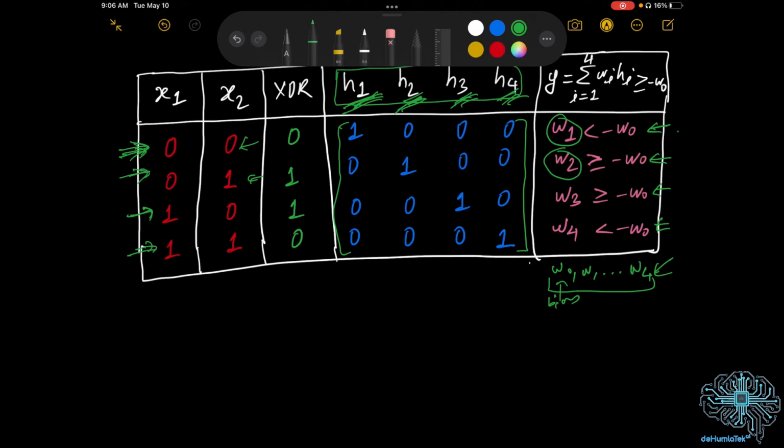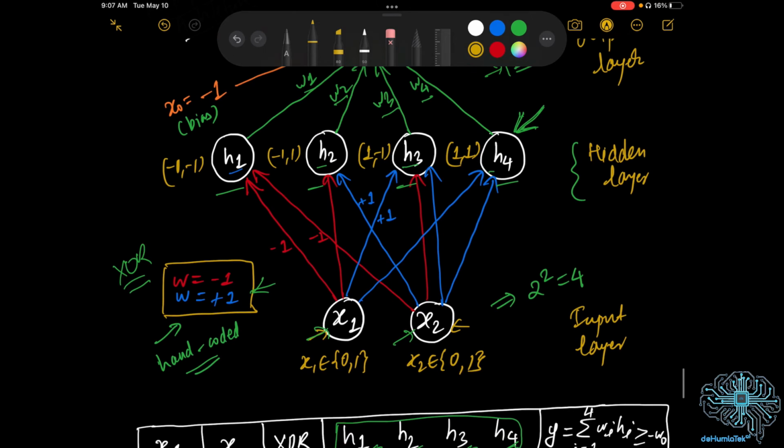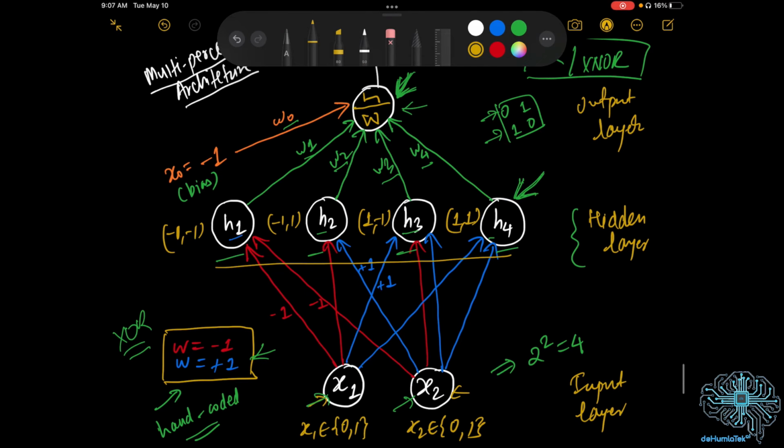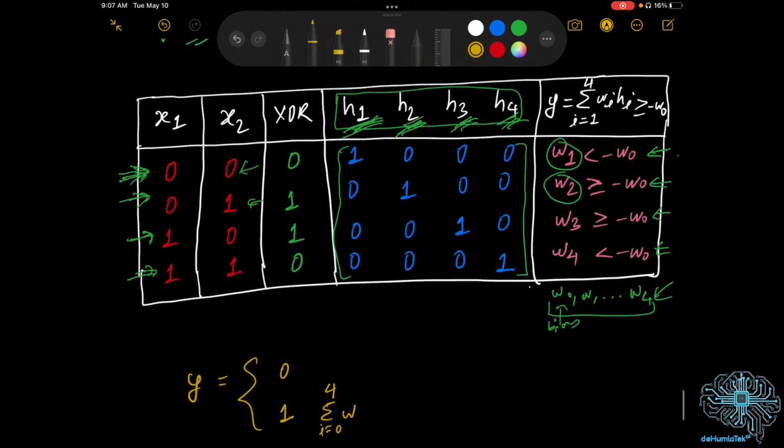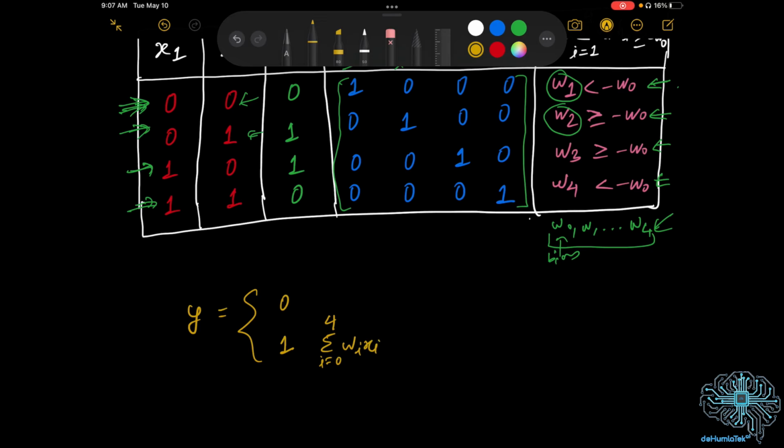We have the condition y equals 0 or 1. A neuron will fire at the output layer when the summation from i = 0 to n, let's say 4, because there are 4 neurons that will be input for the output perceptron, of wi(xi) is greater than or equal to 0, and otherwise it should be smaller than 0.